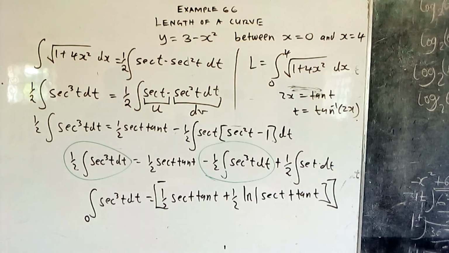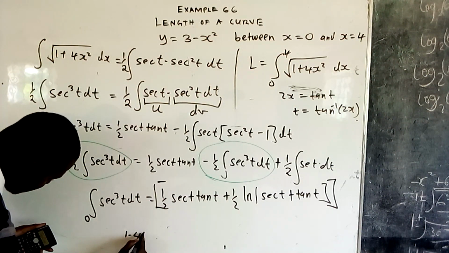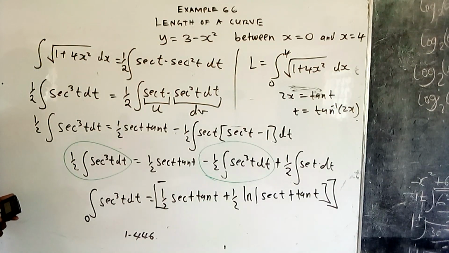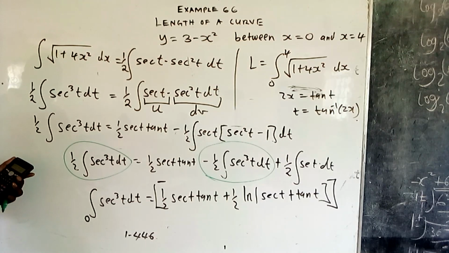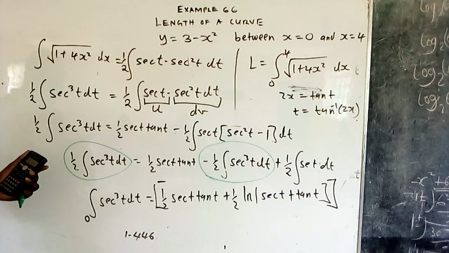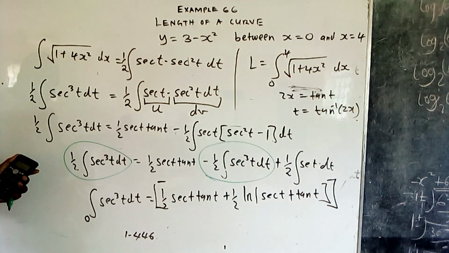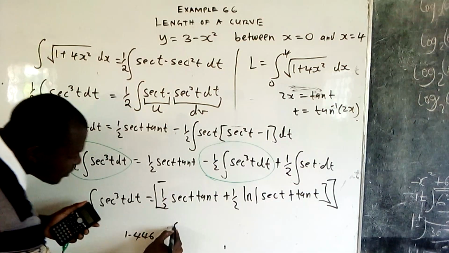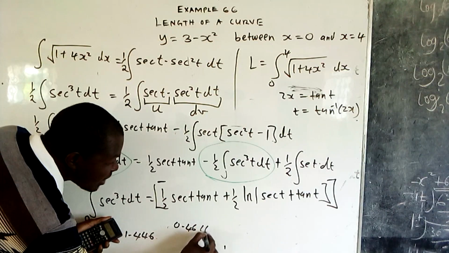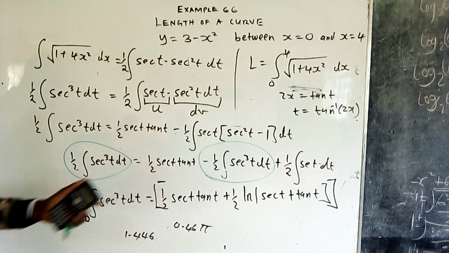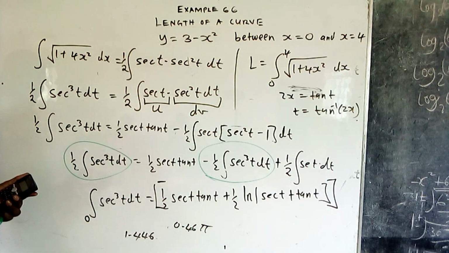You found it in pi radians to be 1.446. Now see, if your calculator was in D, this is what you are going to get: 82.8987 degrees. If you divide by 180, you are going to get 0.46 pi radians.